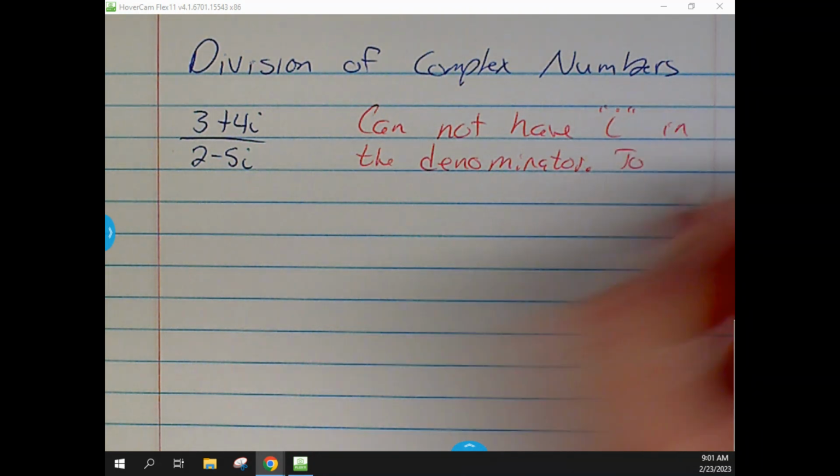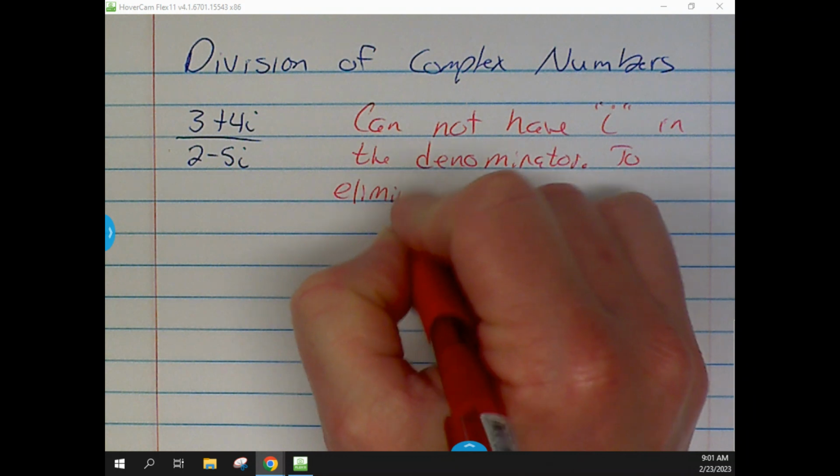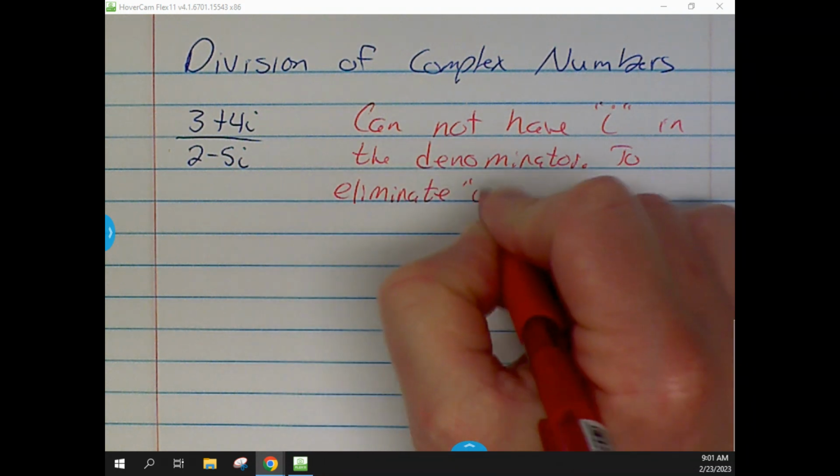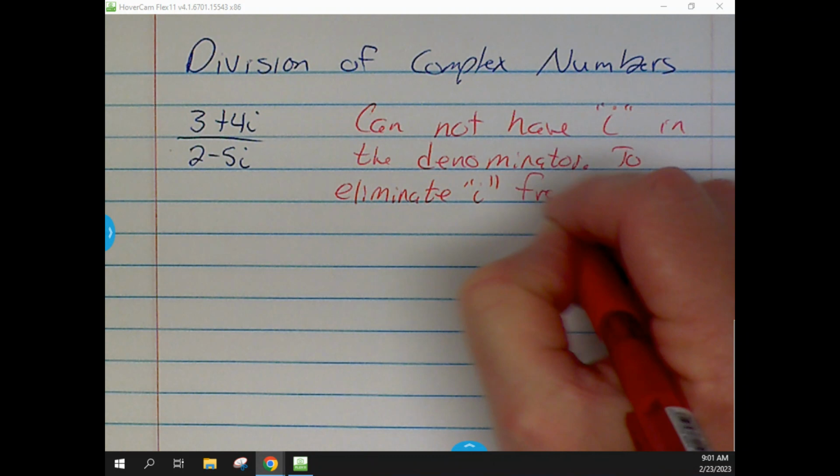So here's what we're going to do to eliminate the i from the denominator.